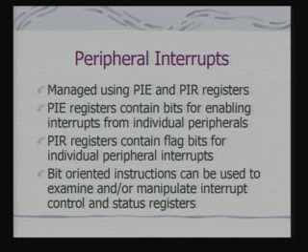And in fact, you can understand now again the utility of these bit oriented instructions that we have discussed in the previous class. Using those bit oriented instructions, I can enable or disable the interrupts. Also, I can figure out the source of interrupt by examining the flag bits of these registers.